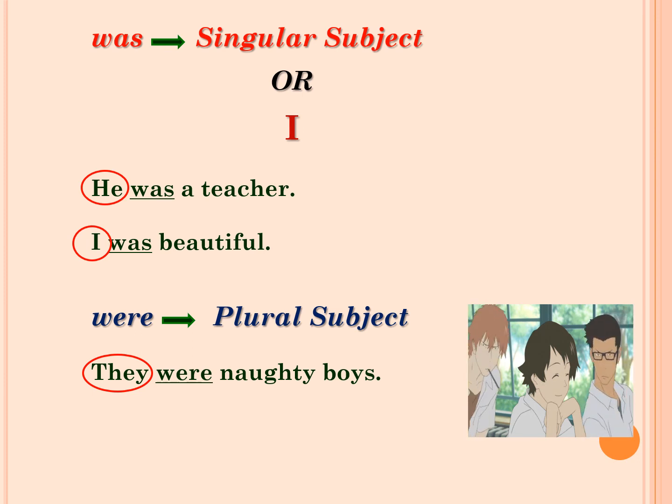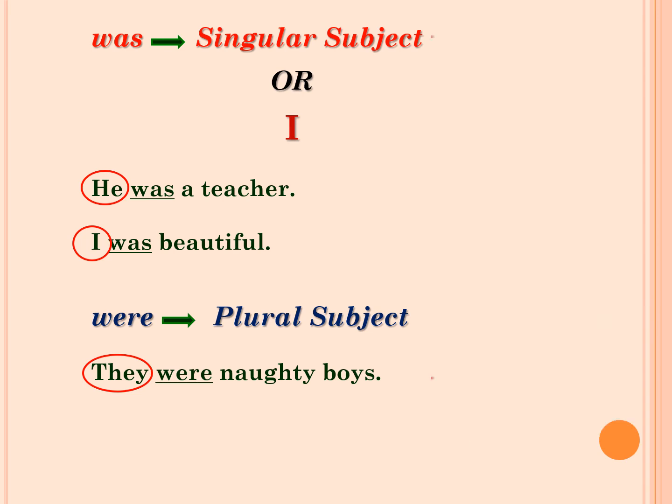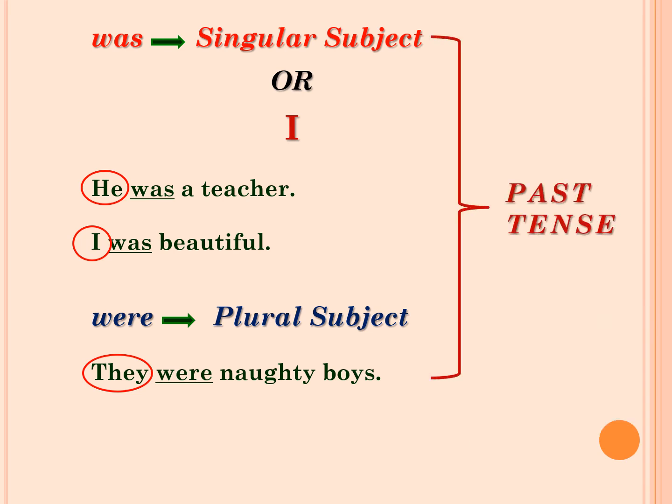They are not naughty now, that we are not sure about. But we want to tell that they were naughty in the past. So here with the plural subject they, we will use were. That means in case of past tense, we use was with singular subject and I. And were is used with plural subjects.